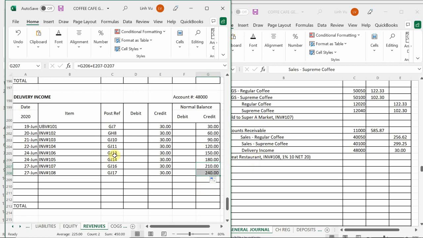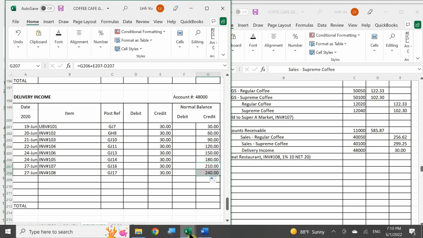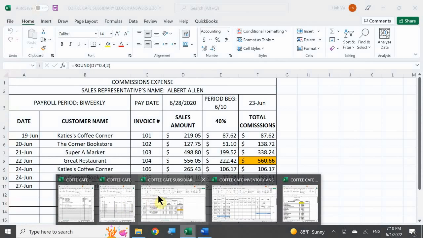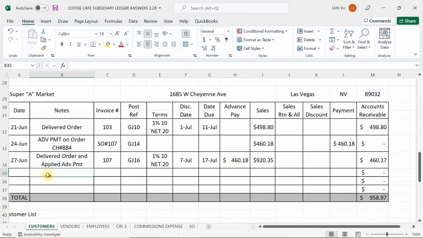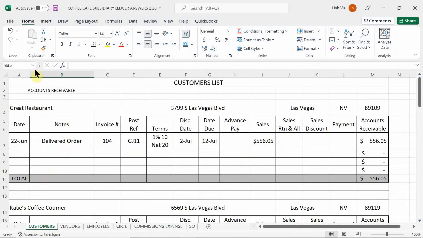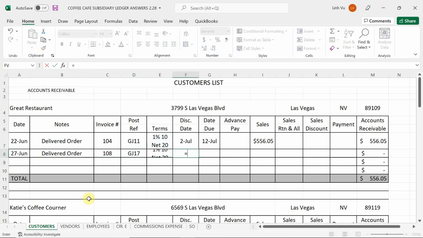We finished our ledger. Now we also have to update our subsidiary ledger because our customer, Great Restaurant, owes me money. So here we are, Great Restaurant. At the top of the window here, we have delivered the order, invoice number 108. On the 17th, we gave them the same terms: 1%, 10, net 20.